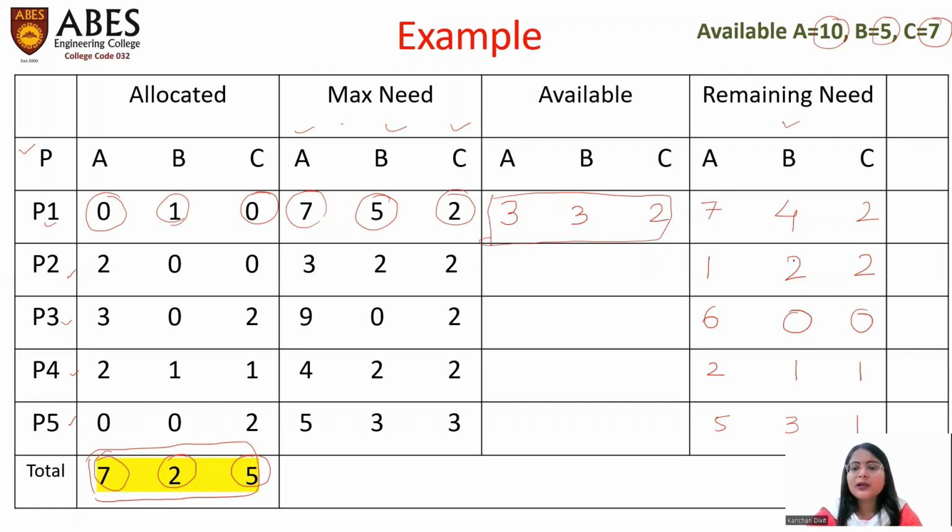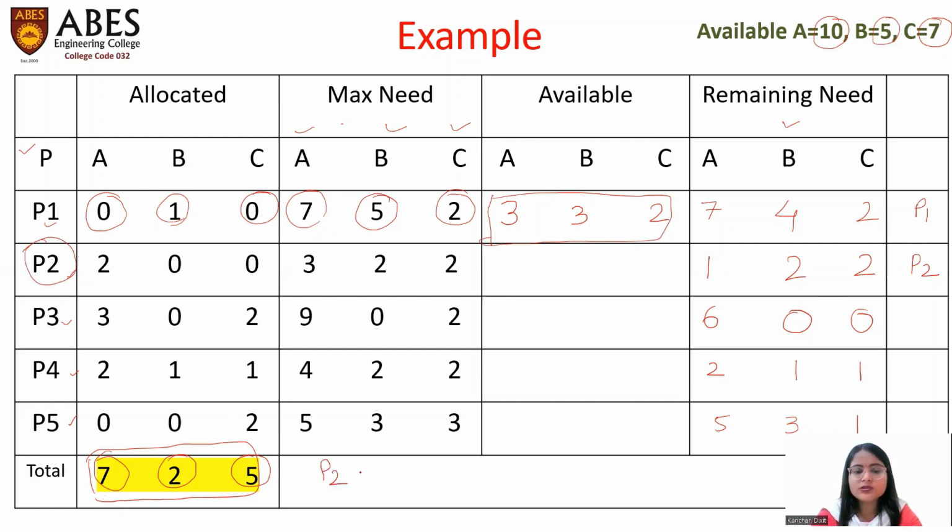Clear? So I find that for P1 I cannot allocate the available amount of resources because they are less than the remaining needs. So I'll go for P2. For P2 I can see here that 1, 2, 2 could be allocated. So P2 will be executed.